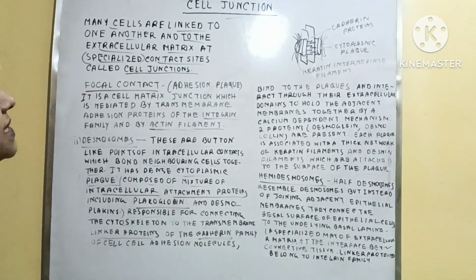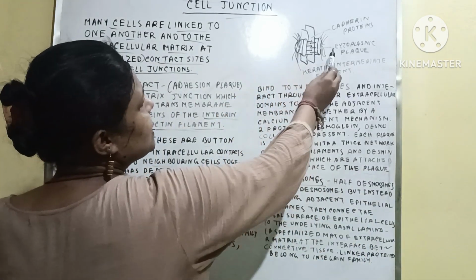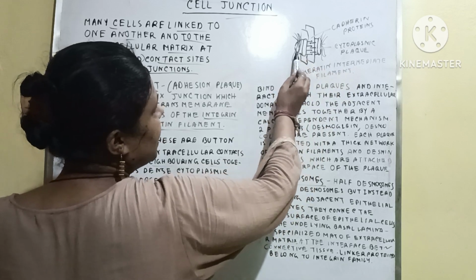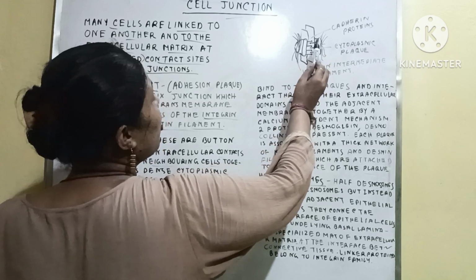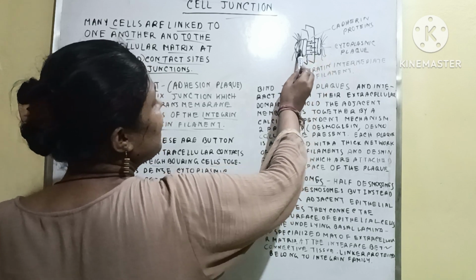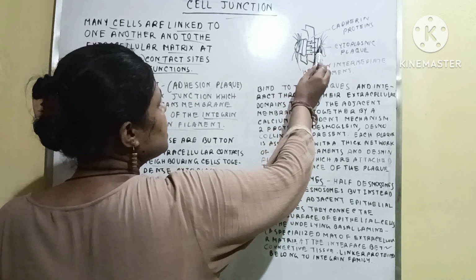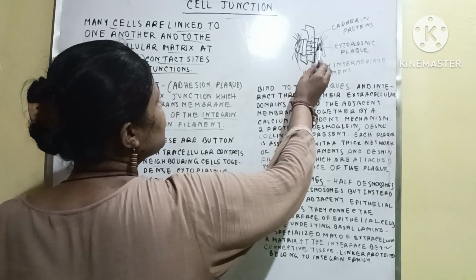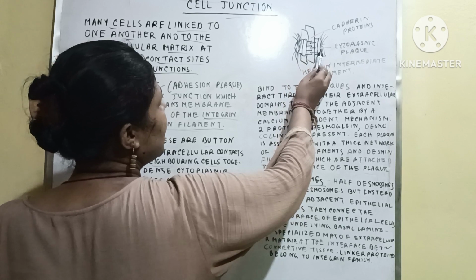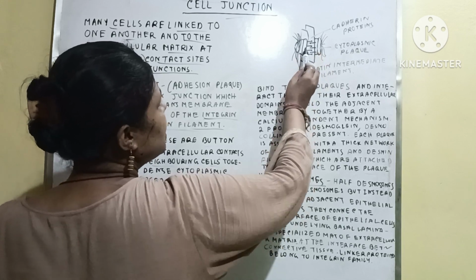So here you can see the cytoplasmic plaque. This is the cytoplasmic plaque of one cell and this is the cytoplasmic plaque of another cell. And here these cytoplasmic plaques are connected with each other by the cadherin proteins.